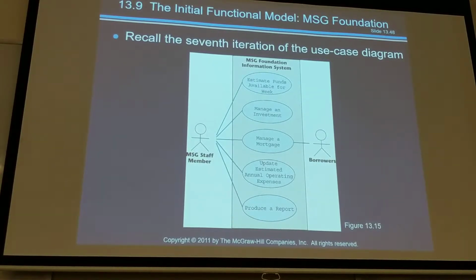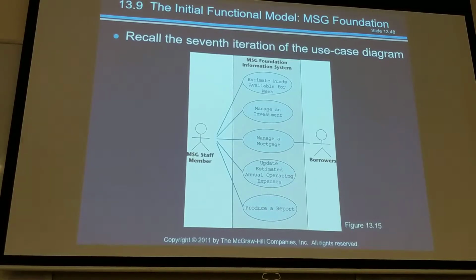Even if you haven't looked at the case study, by looking at this use case diagram, what can you tell? This is basically what I said. Somebody else already did the use case diagram, and now it's handed over to us to do high-level design. First, we need to understand the use case diagram. How to understand? Easy. We just read it.